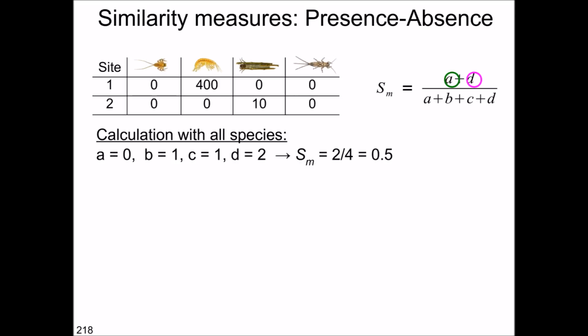The calculation of the simple matching coefficient is obviously quite simple, and if you include all species, you find out that the simple matching coefficient is 0.5. This is because you have 2 shared absences and 2 species that occur only in either of the sites.